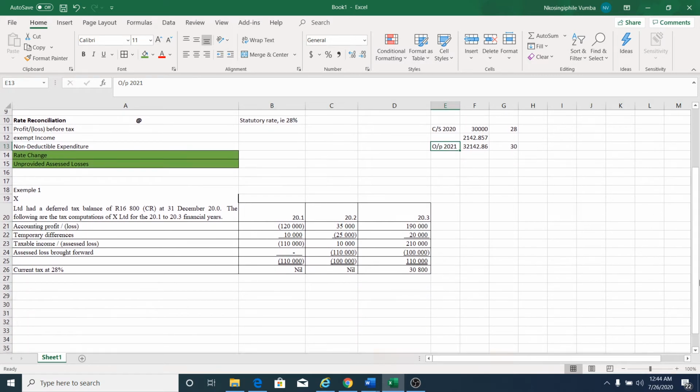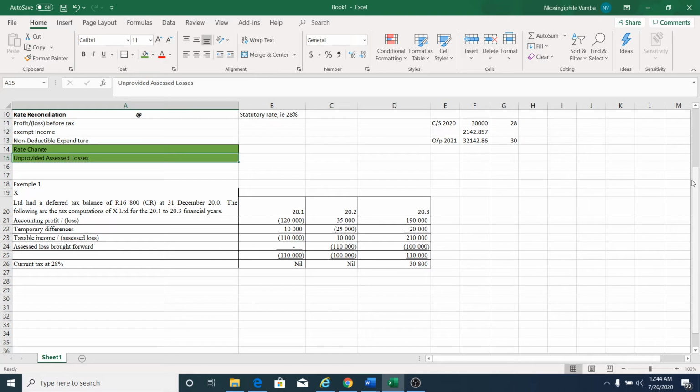Now, unprovided assessed losses. Let's read assessed losses separately. Here's what is happening. We have an example. Remember I said a deferred tax asset should only be recognized if it is probable that future profits will be made against which to realize the deferred tax asset.